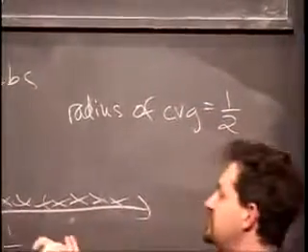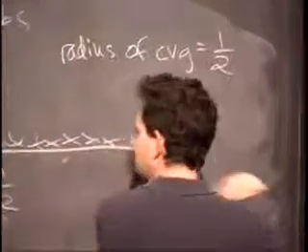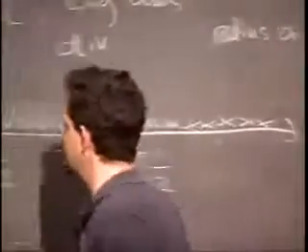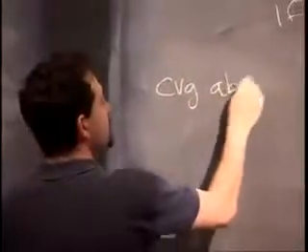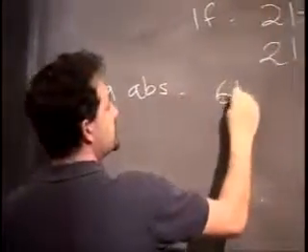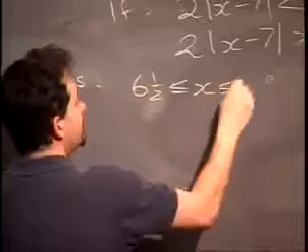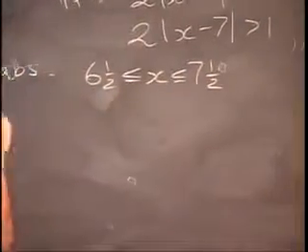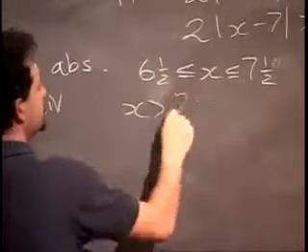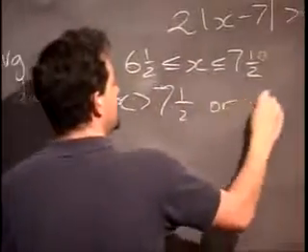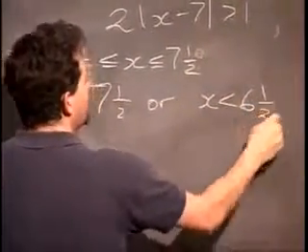And we know that the series diverges to the right of 7.5 or to the left of 6.5, and converges absolutely in between. Converges absolutely for 6.5 less than x less than 7.5, and it diverges for x greater than 7.5 or x less than 6.5.